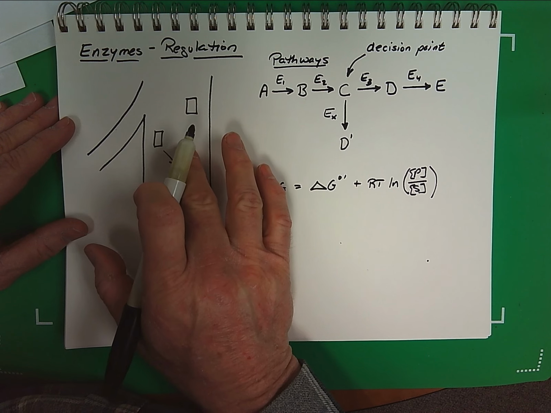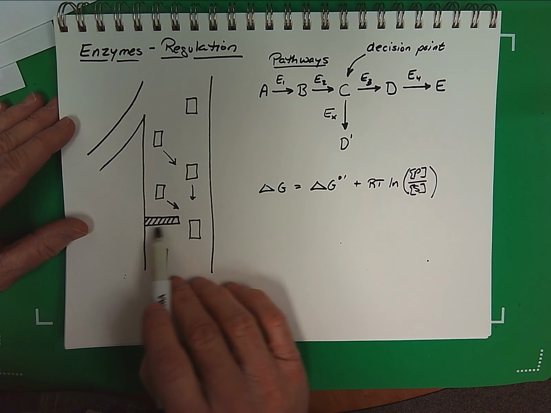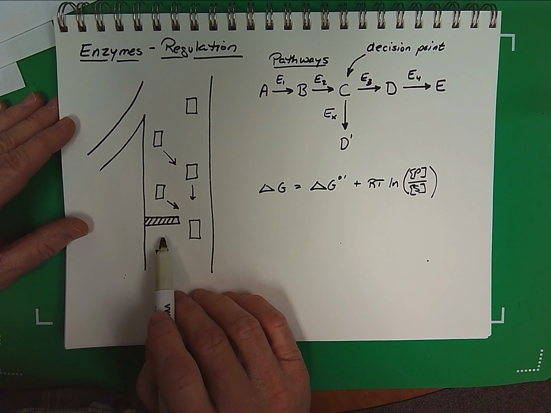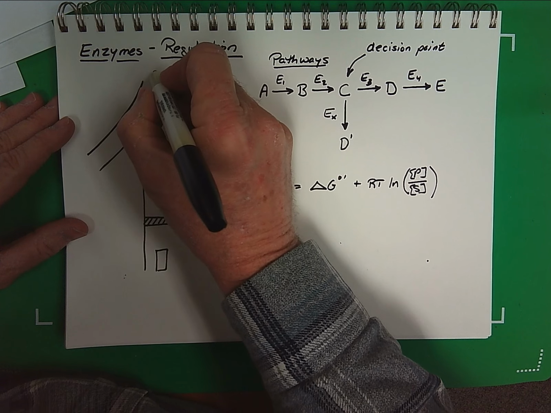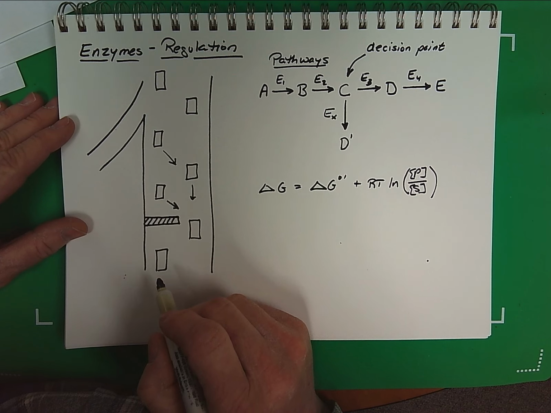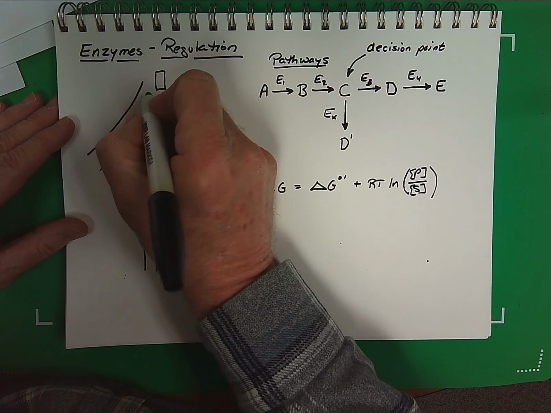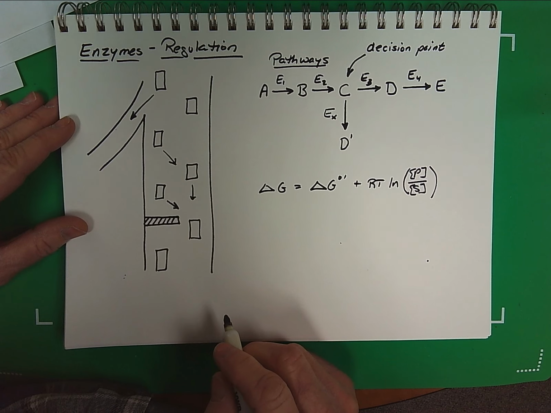Think of this as increasing the substrate concentration behind the barrier. Now what that will allow us to do is cars coming this way will have a choice. Because this area is building up, they can take an off-ramp and take an alternative course.